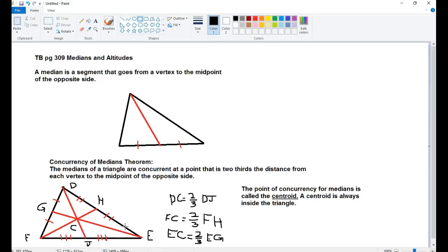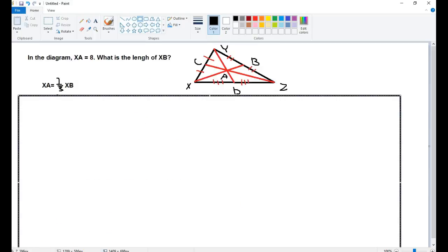Now let's try a problem where we're given lengths of certain things, and we have to figure out the other length. In the diagram here, we're told that XA is equal to 8, and we want to find the length of XB. From our theorem, we know that XA, from the vertex to the concurrent point, is 2/3 of the full length.